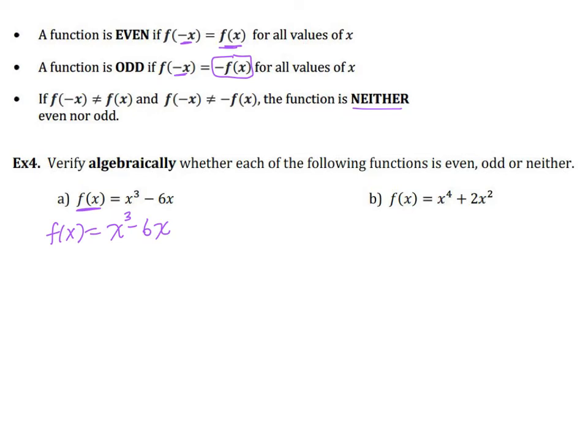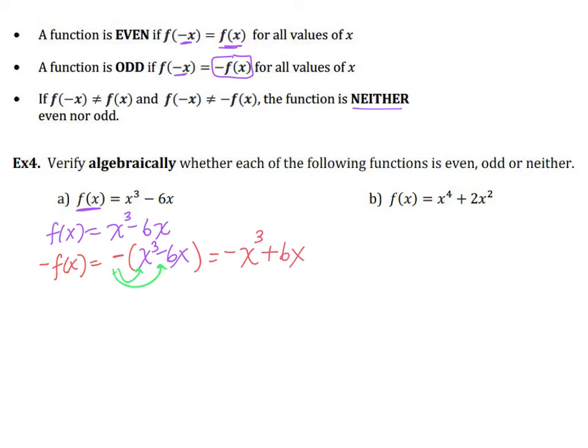The opposite of the original function is just taking a negative of my original function. So my original function was x cubed minus 6x, and I'm taking the opposite of that. When I distribute my negative, the opposite of the original function is negative x cubed plus 6x.